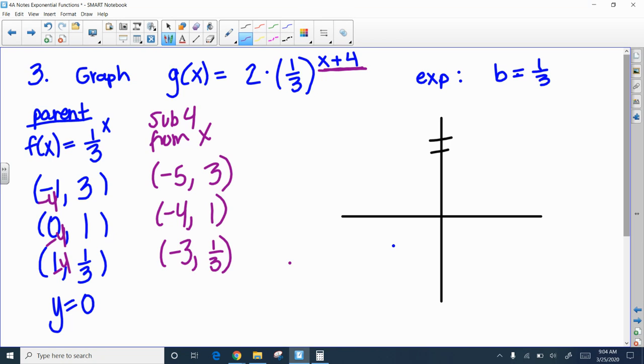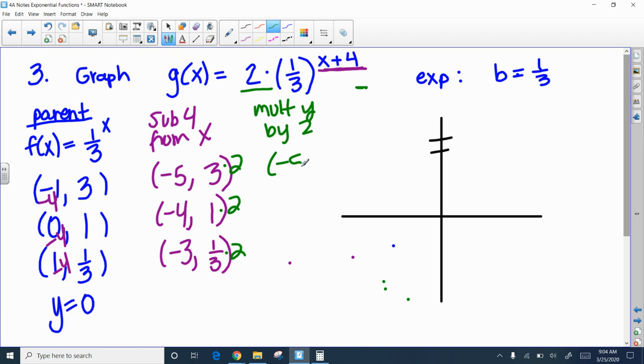All right, now we got one more operation. This 2 is multiplied on the outside. It's not in the exponent. So it's not affecting the x, it's affecting the y. So when we have something affecting the y, we just do the operation we see. So we're going to multiply the y values by 2.